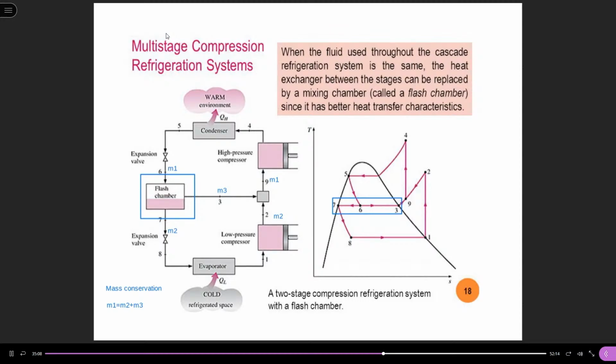After the throttling process is stage 6. Then there is a separation process.